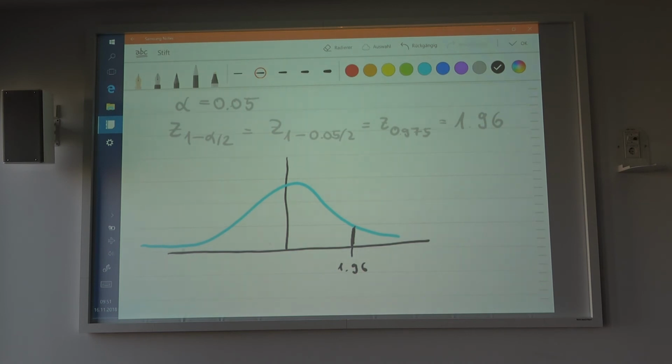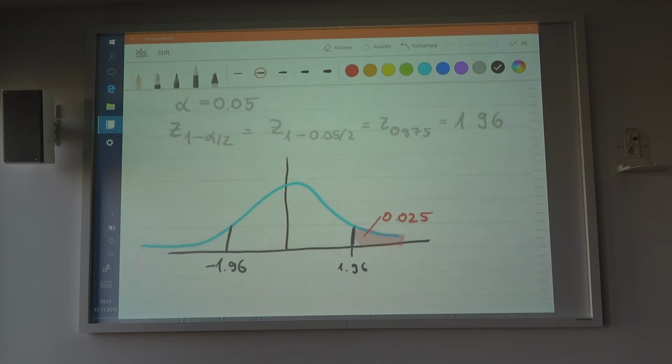Since the total area is equal to 1, the remaining area on the right is 0.025, or 2.5%, because the rest is 97.5%. On the other side you have negative 1.96.